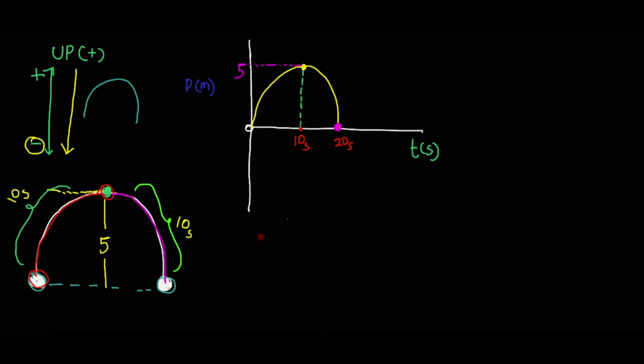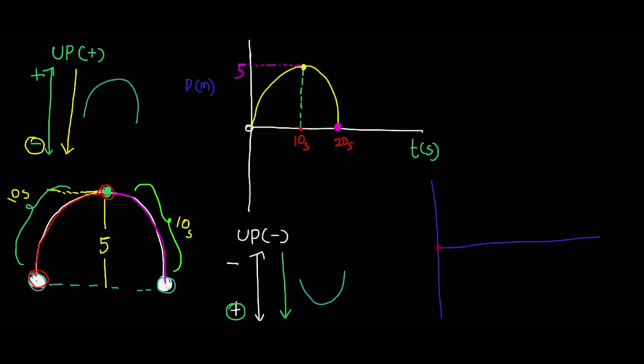And let's say we choose upward as negative. If we choose upward as negative, this means your downwards is positive, and acceleration is always downwards. This means your acceleration is positive. And we know we have positive acceleration, so we have this shape when we draw our graph. So when we draw this graph, we do the same thing, but the only difference is the way you change the values.